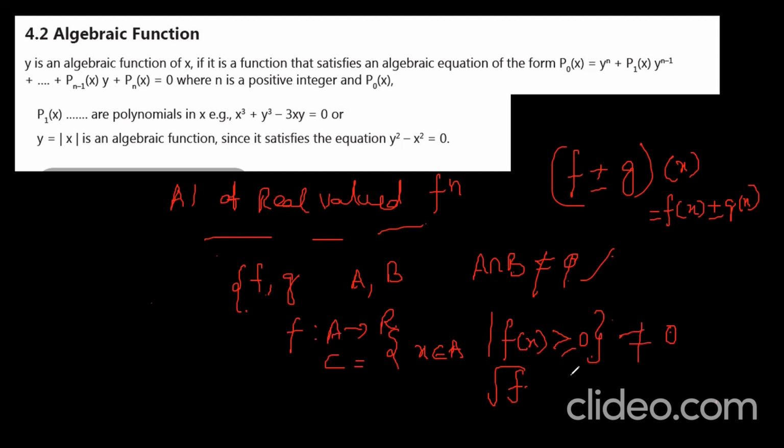Root f can be defined as the square root of f of x, for all x belongs to C. So these are the main important properties under the algebra of real valued functions. That is how real valued functions work.